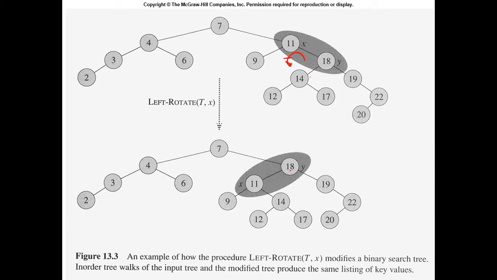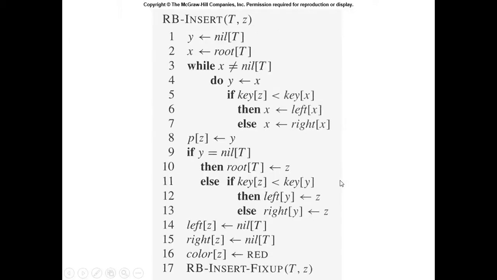You can see left of 18 will be 11. And this 14, which is the left child of 18, goes to the right of 11. You can see 14 is attached to the right of 11. So this rotation anyway you are clear with. In AVL tree we have discussed it.